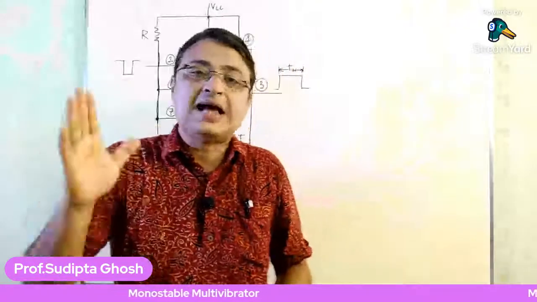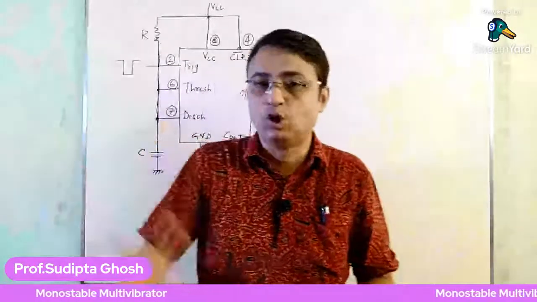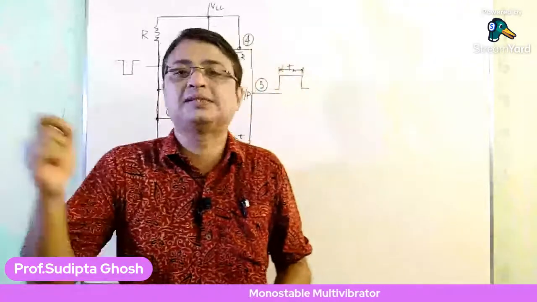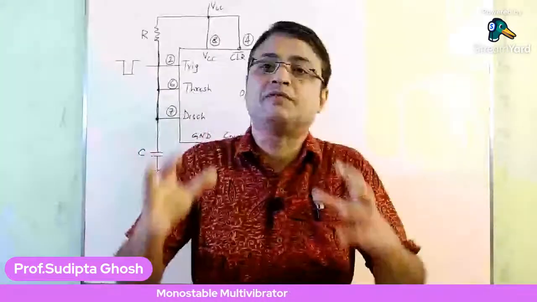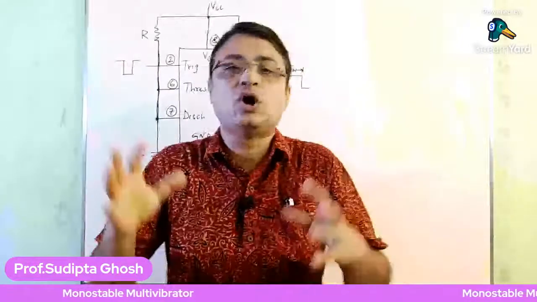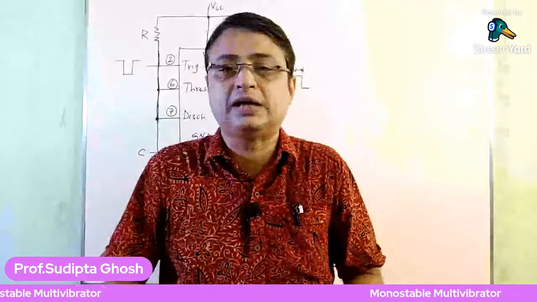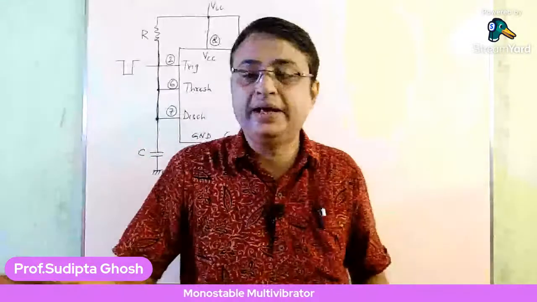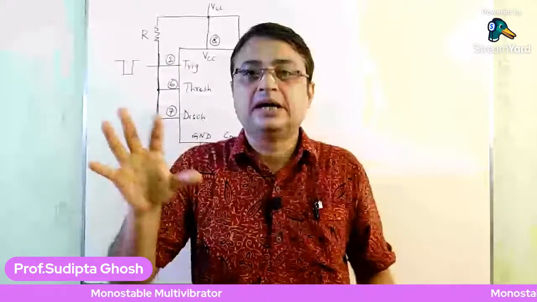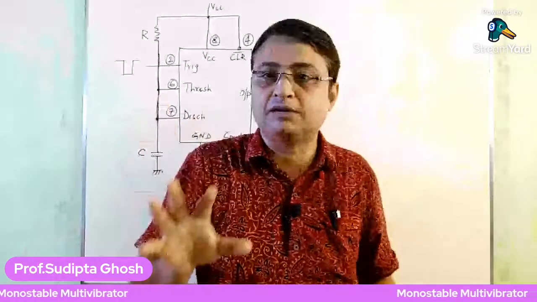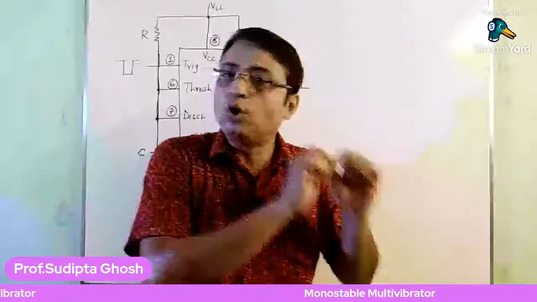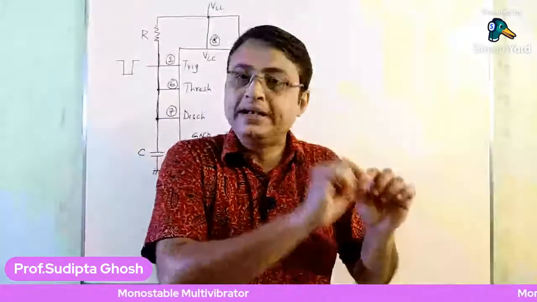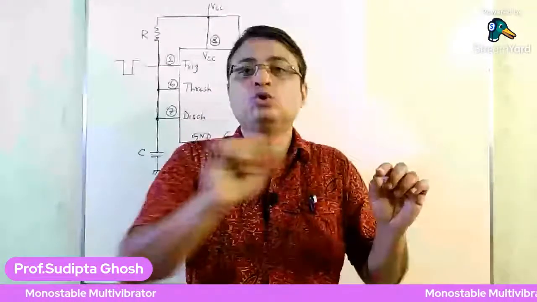Because the Q bar is low, and this Q bar is connected to the base of the discharge transistor, the Q1 transistor, the Q1 transistor will be in cutoff state, and as a result no current will flow from pin number 7 to the transistor.